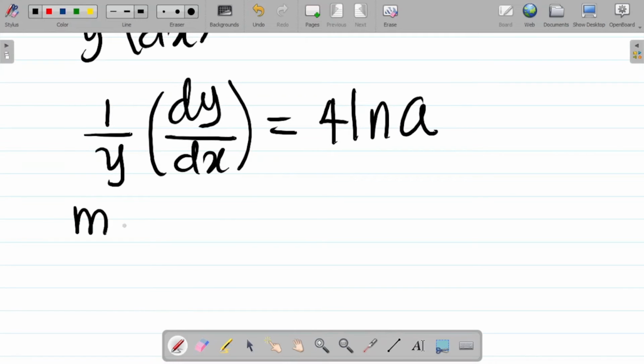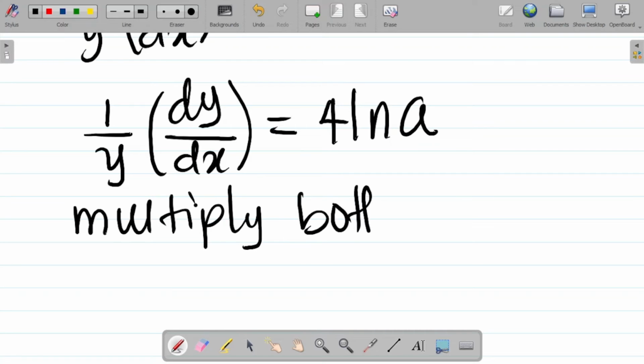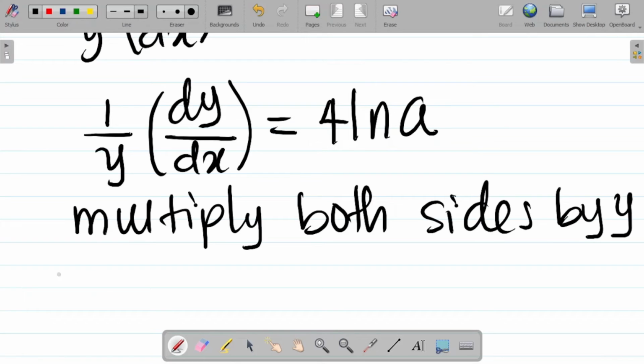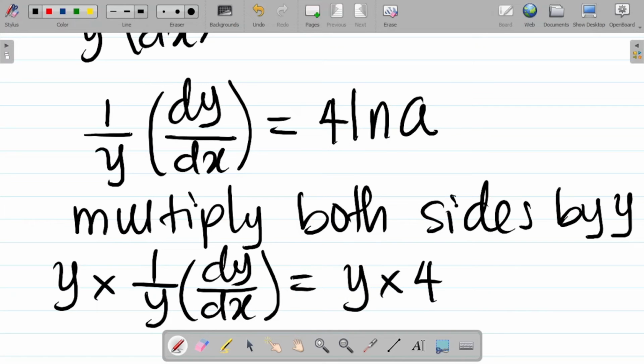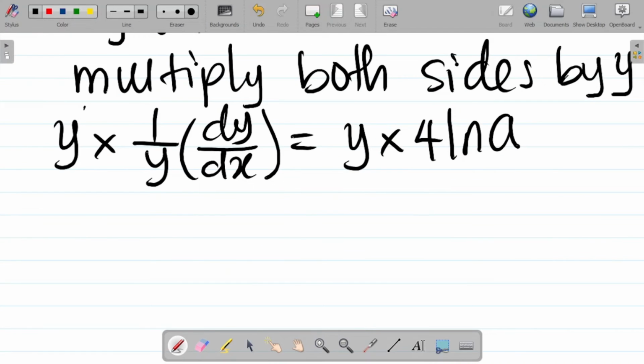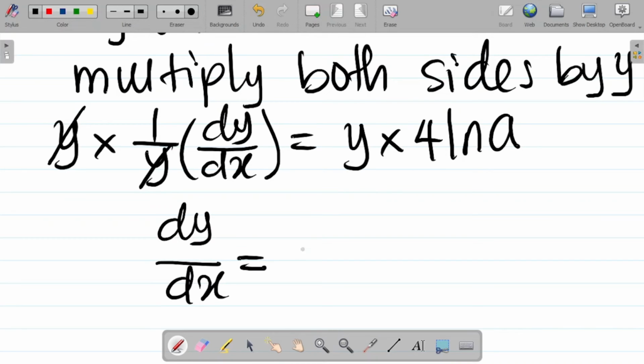All I have to do is simply multiply both sides by y. So it becomes y times 1 over y dy dx, equal to y times 4 ln a. If I multiply this, y cancels y. You have that dy over dx is equal to y times 4, which gives you 4y ln a.